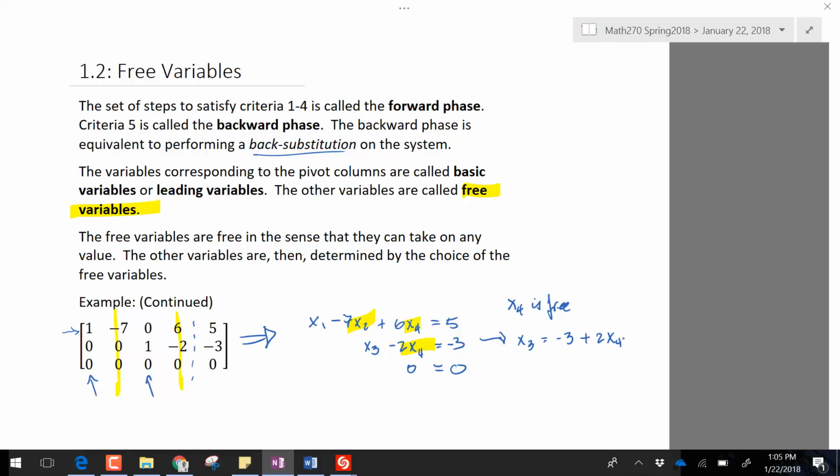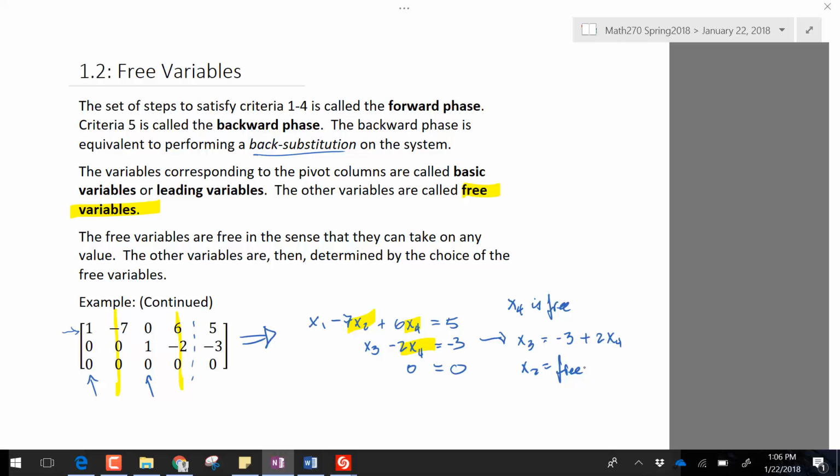So the pivot columns represent the leading variables or the basic variables, and then the non-pivot columns are the free variables, not counting the augmented part. The last column is the augmented part, and we don't look at that. So x2 is also a free variable.